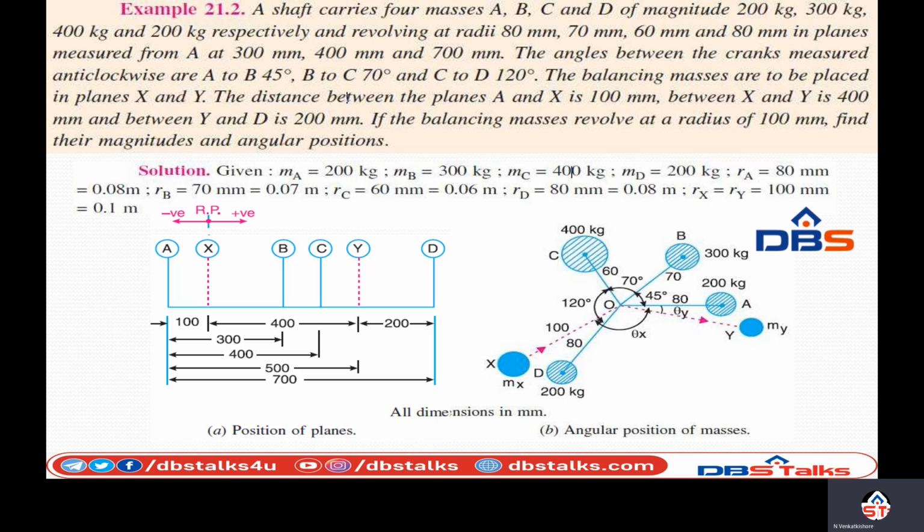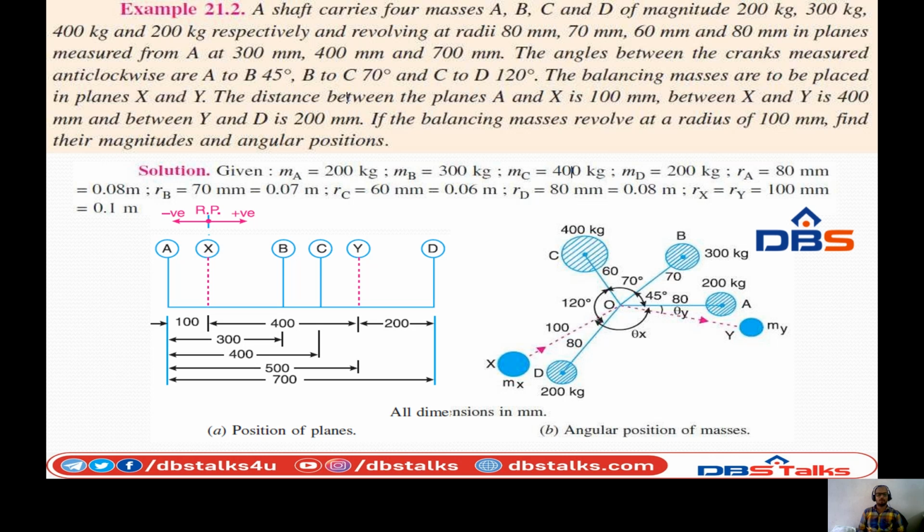The position of planes diagram is to be drawn in the A. If you see diagram A, that will represent the positions of the planes. Either we can construct it from B or from the question also.